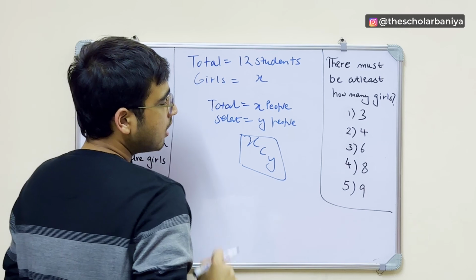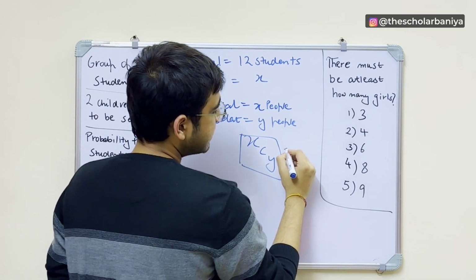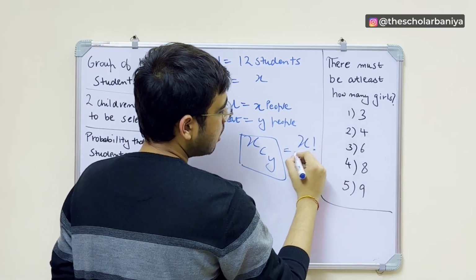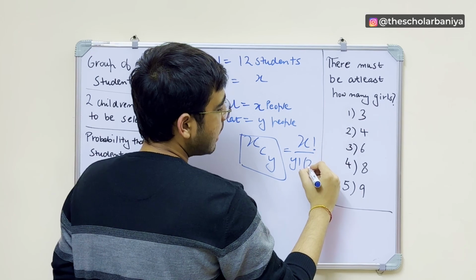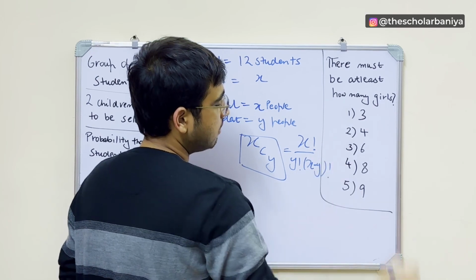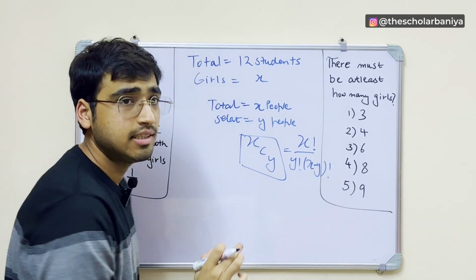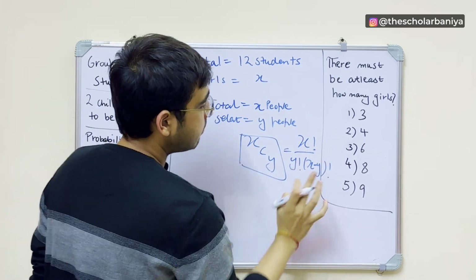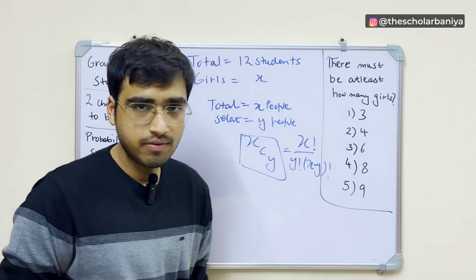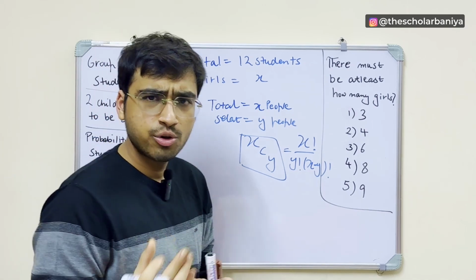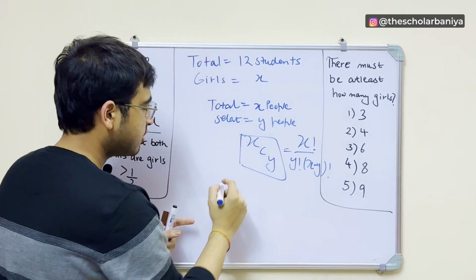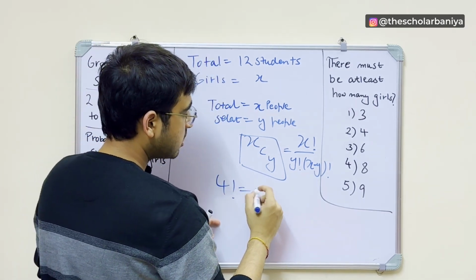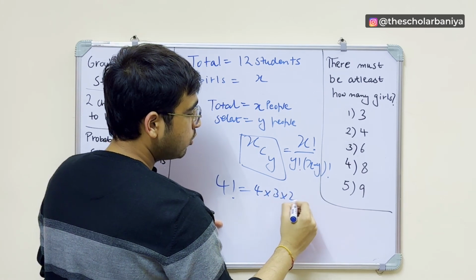So XCY is what you get if you have to select Y people out of X people, right? And what is XCY? XCY is X factorial upon Y factorial times X minus Y factorial. And I'm sure you know what factorial is. What is 4 factorial? 4 factorial is 4 into 3 into 2 into 1.